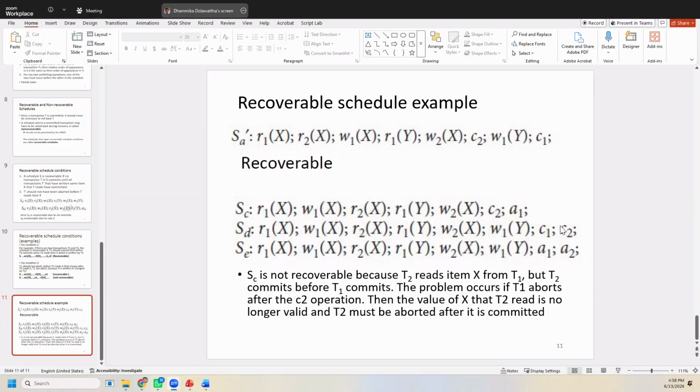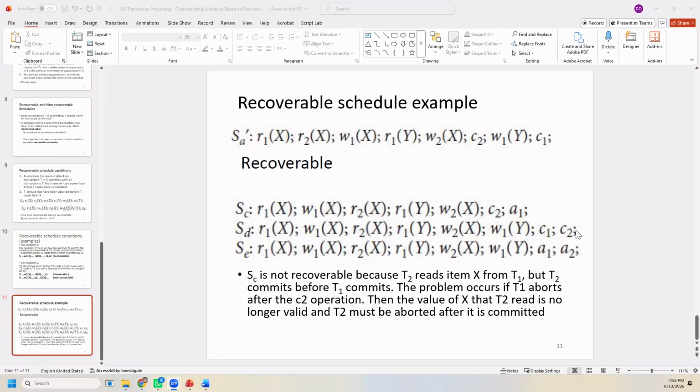According to rule 1, we can say SD is recoverable.